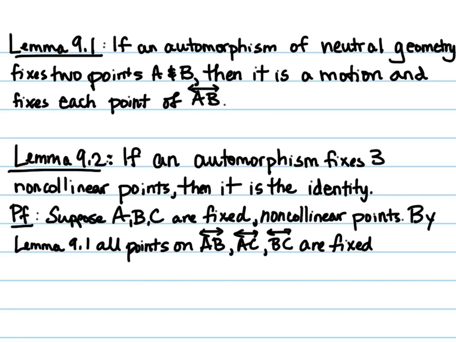So now we not only have three points that are fixed, we have three lines determined by those three points that are also fixed. So now we're going to let D be any point not on these lines.